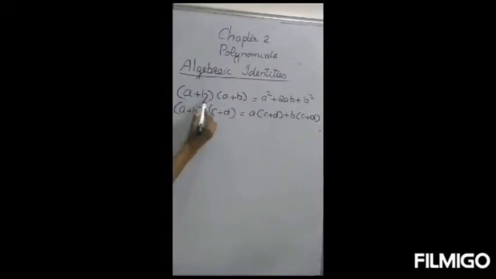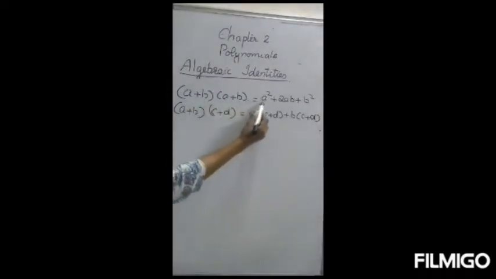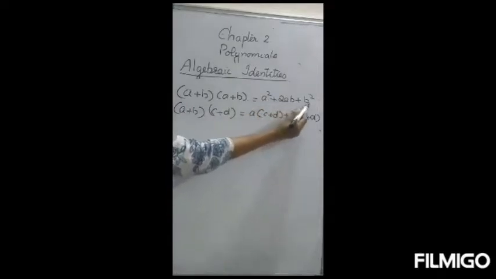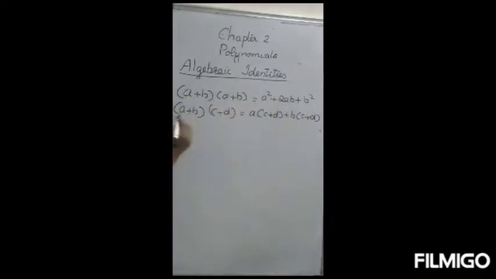Now the next identity, (a + b)(a + b) = a² + 2ab + b². How does it come? Here (a + b) and (c + d) become again (a + b), that means these two are the same thing.